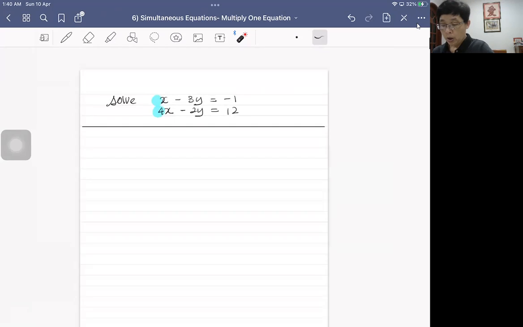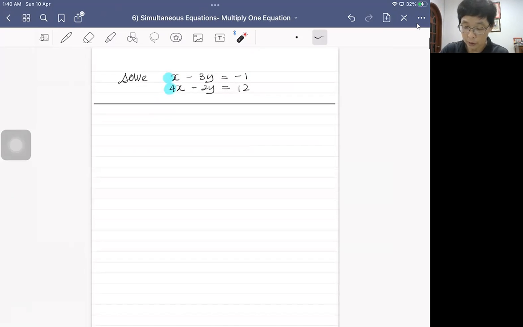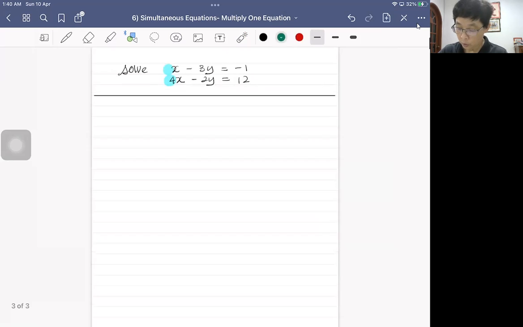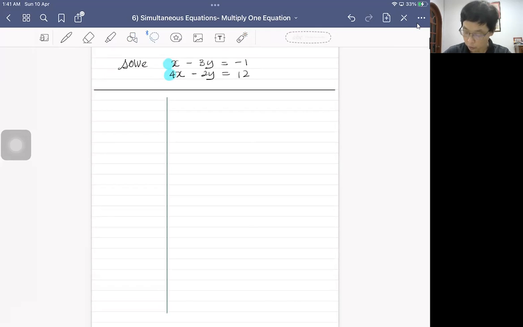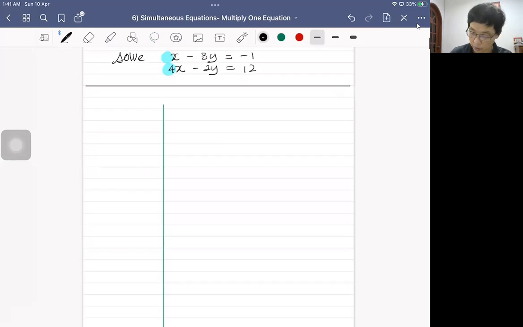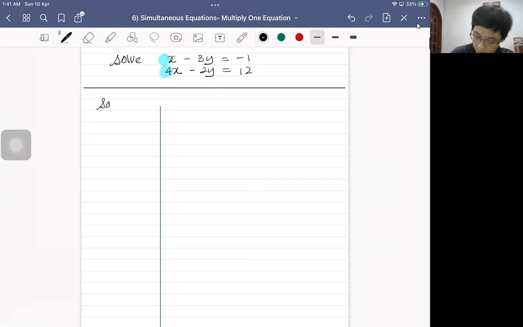All right, so now I'm going to organize this page into 2 sections. Let me do it with a line. On this part, of course, let me put down here, these are the solutions that we are going to write out in the exam paper or your exercise, whatever you are doing. And what do I do with the left-hand column?